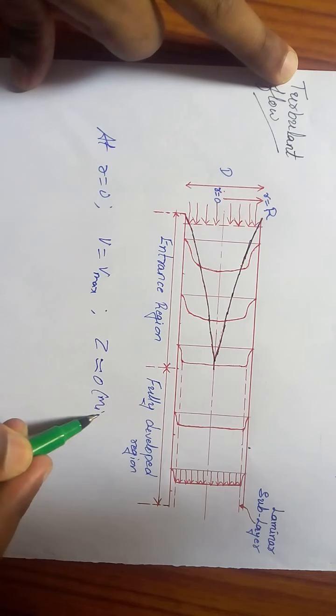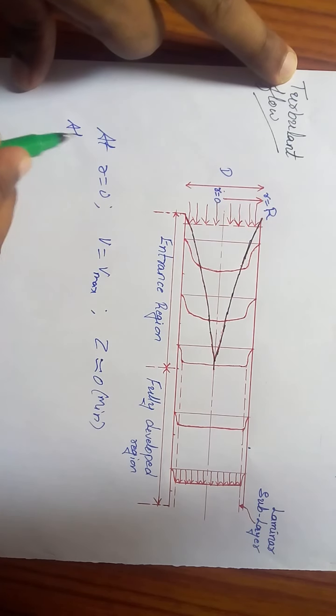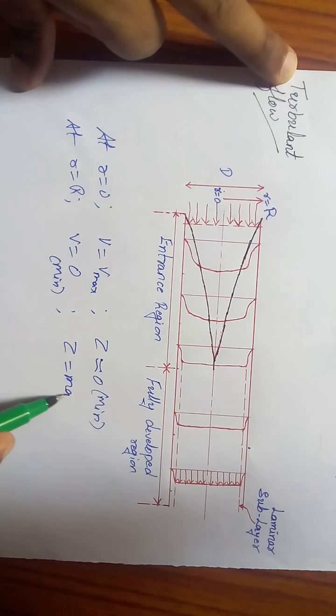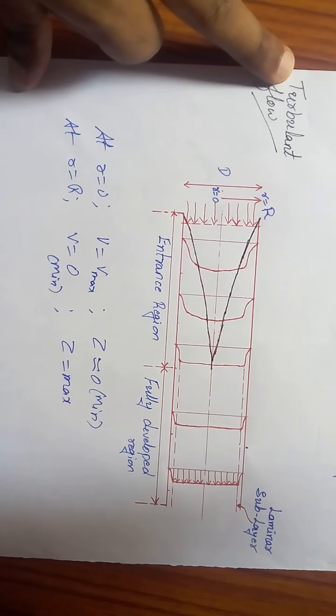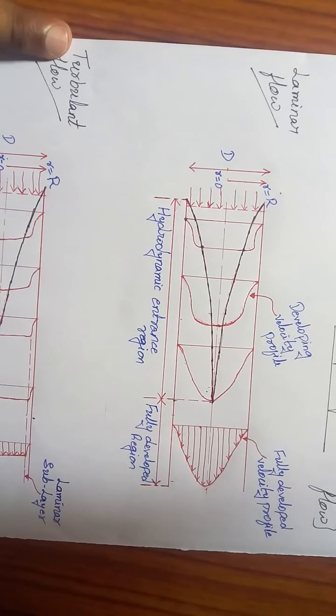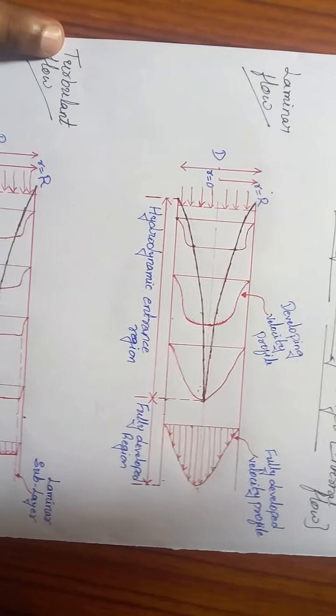Similarly, at r equals capital R, V will be 0, that is the minimum value, and tau will be maximum.